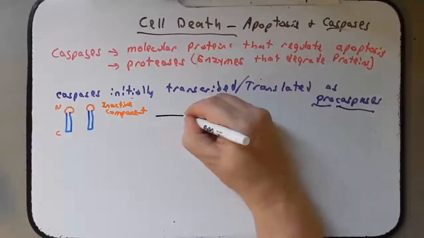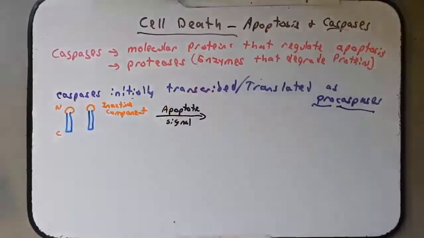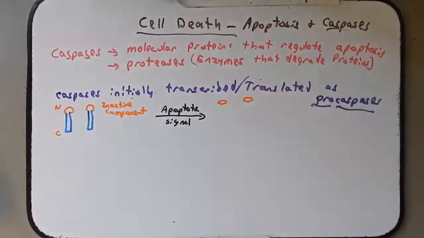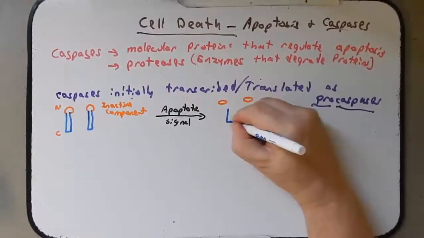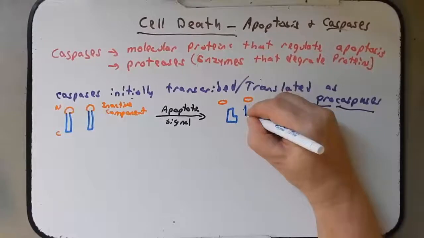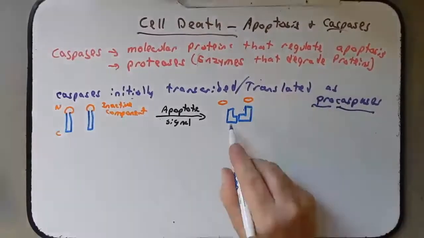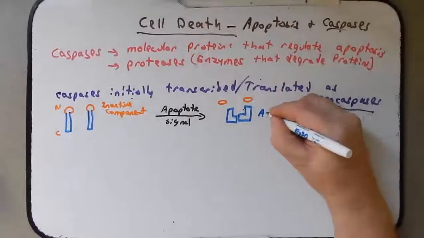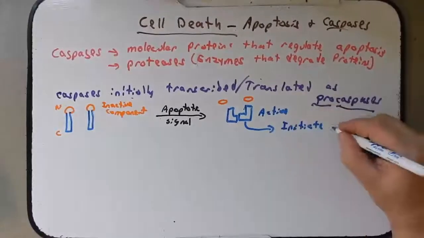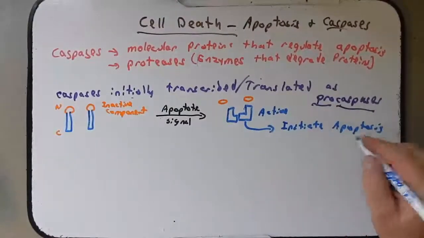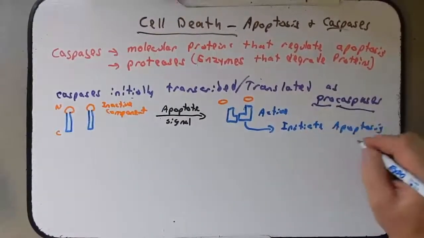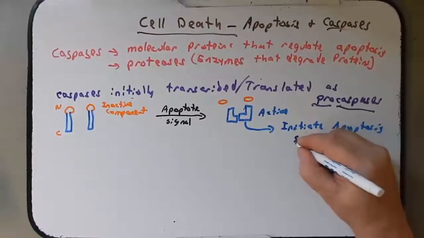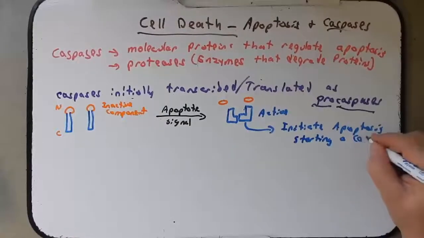When the cell receives an apoptotic signal, this N-terminus part here is removed. We'll just put those up here. And the rest of the protein will bind with another activated caspase. And so now it is active and can initiate apoptosis. And what this actually does is it initiates apoptosis, but it does so by starting a cascade.